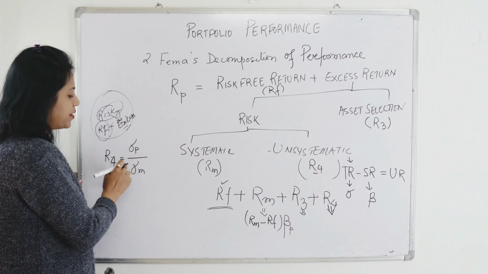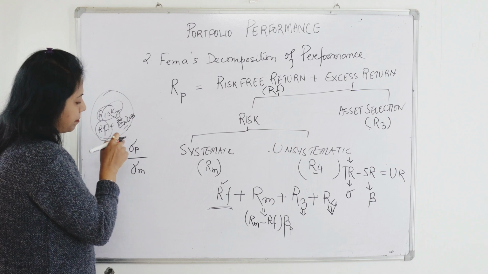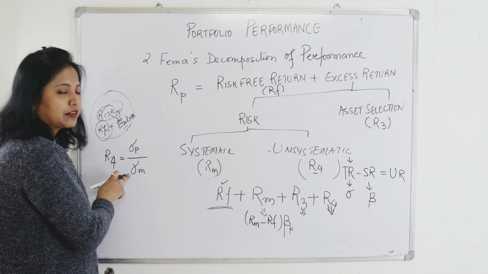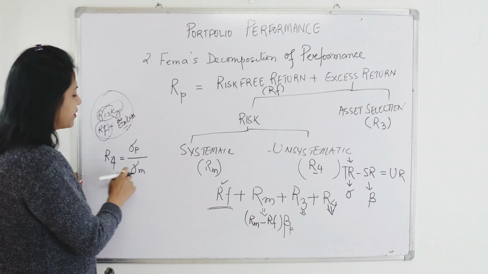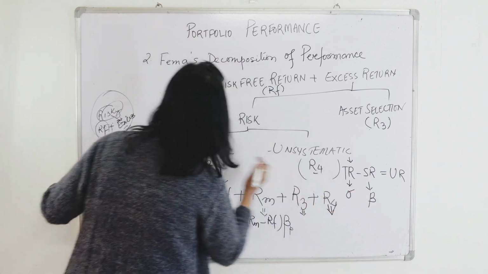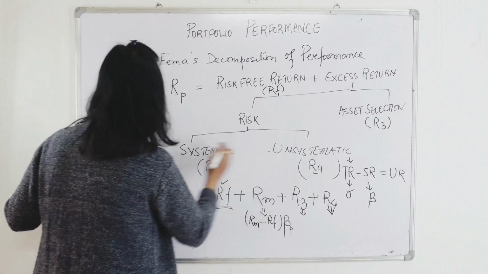Or you can say the per unit portfolio risk as compared to the market risk. As you know, from the standard deviation, if you subtract the beta of the portfolio, I will get the unsystematic risk.